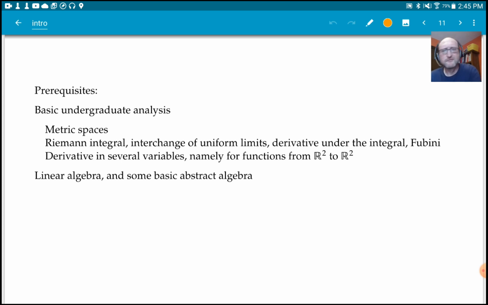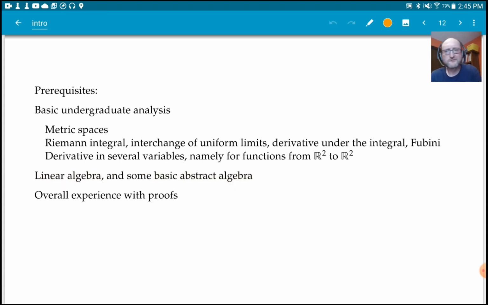Now, we're also assuming linear algebra in general, basic linear algebra. You don't have to have very, very high-level linear algebra. Just basic linear algebra is going to be good enough, and some basic abstract algebra. It's going to be good to know what a group is, what a field is, and so on. Right, but nothing too crazy, nothing too fancy.